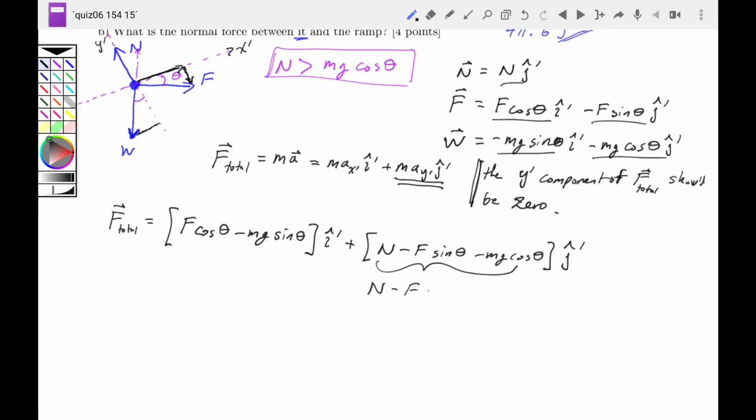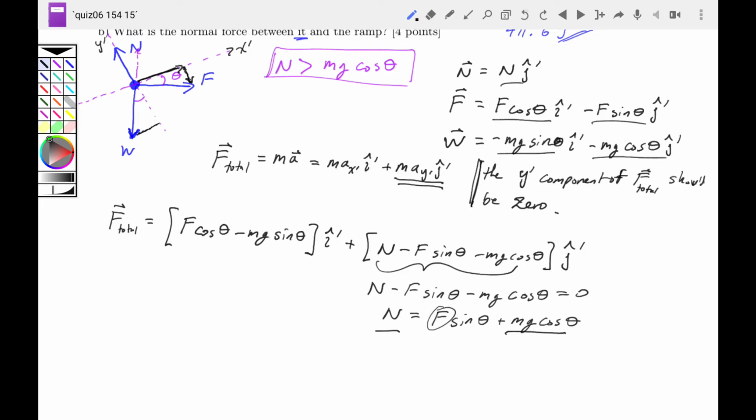That means N minus F sine theta minus mg cosine theta is 0. Solving for N, we have N is equal to F sine theta plus mg cosine theta. Right? In a lot of the problems we've seen, N was just equal to mg cosine theta. But now in this problem, the presence of that applied force adds on a little bit extra to the normal force. And so the normal force in this problem is greater than just mg cosine theta, which is what we saw.